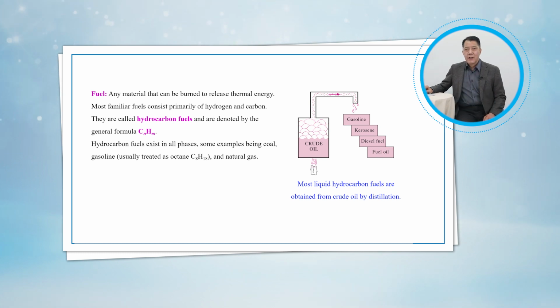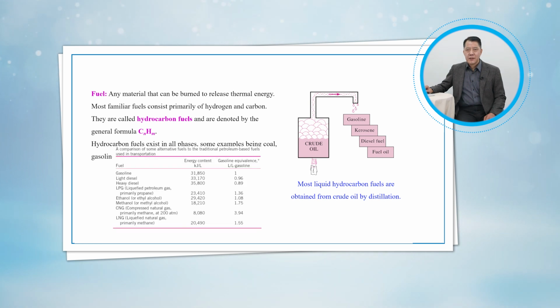The less volatile fuels obtained during distillation are kerosene, diesel fuel, and fuel oil. The composition of a particular fuel depends on the source of the crude oil as well as on the refinery.